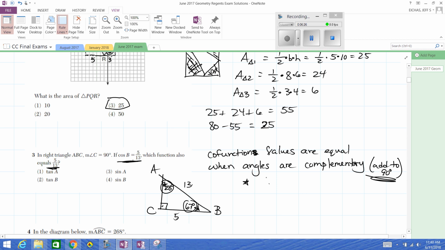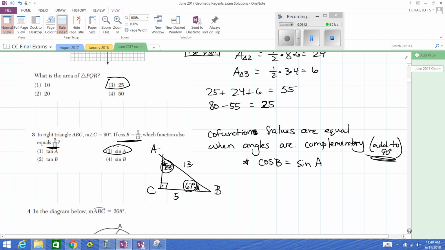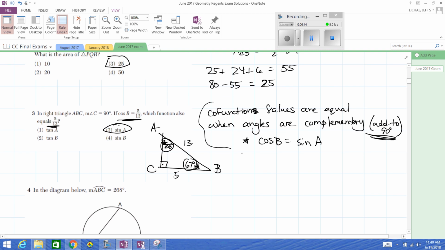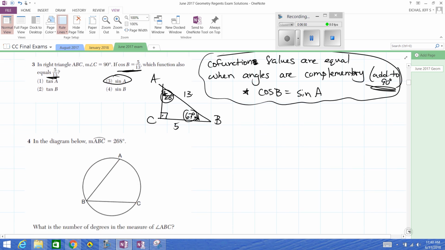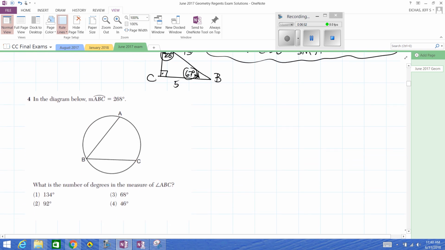So since A plus B is 90, cos B should equal sine of A. So that's the other one. That should equal 5/13. There's a few ways to do that problem, but the shortest is you're supposed to just know that theorem. Okay? All right, so for this one, a lot of my students went the wrong way here.